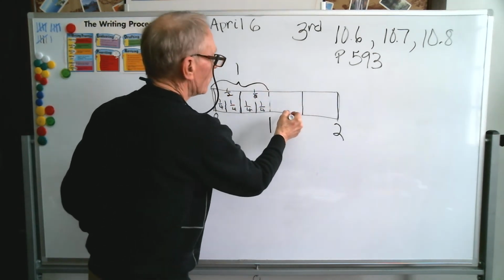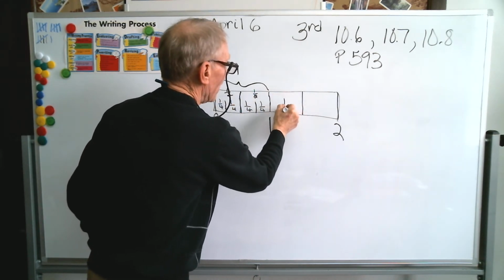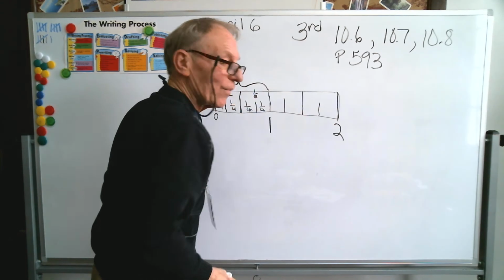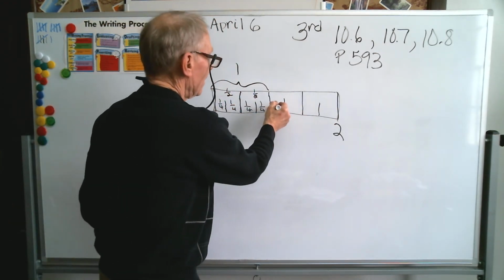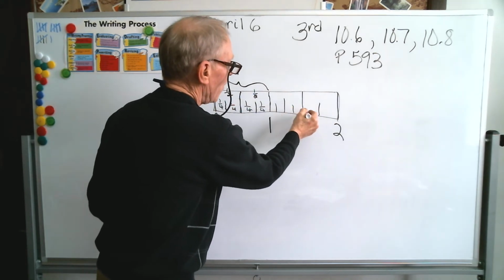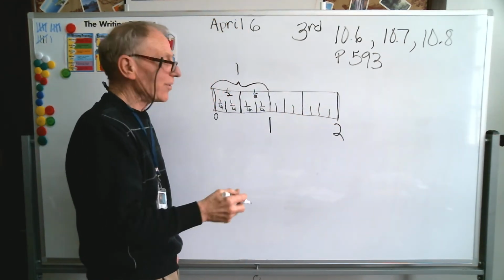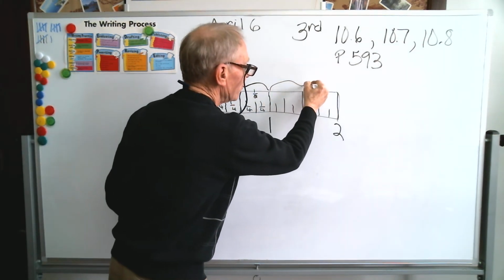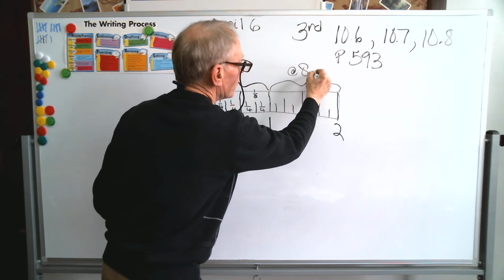Let's go over to this one here. We've got our fourths. And what do they do? They split it in half again. So now the line gets a little smaller. And now if you count the spaces inside this inch, there are 8 spaces.